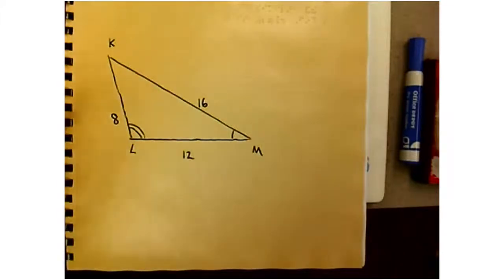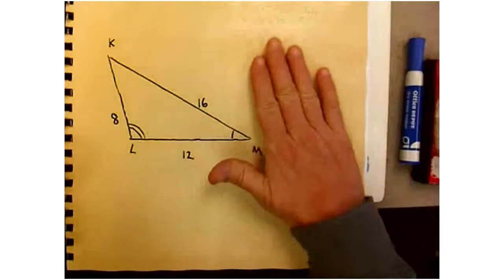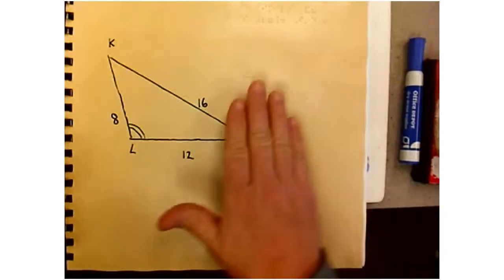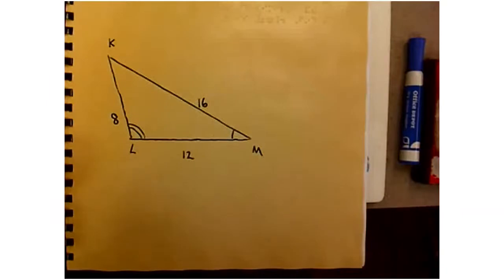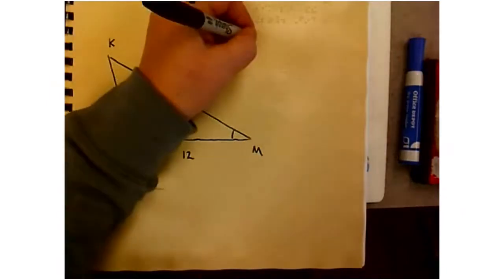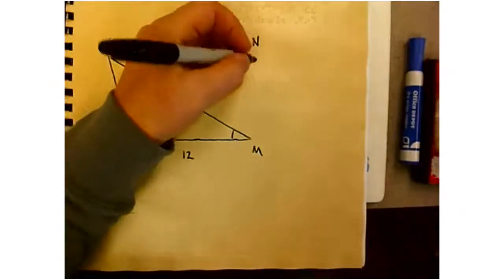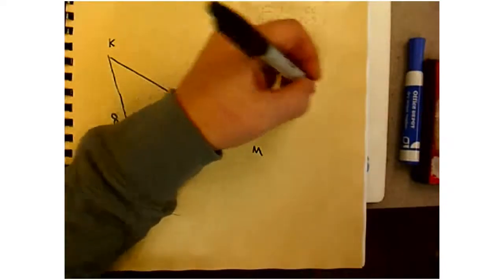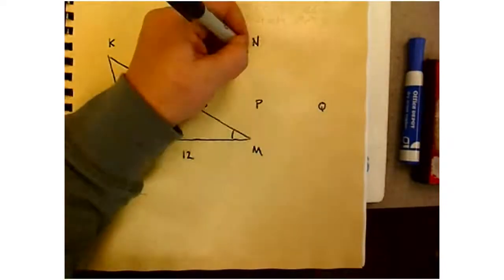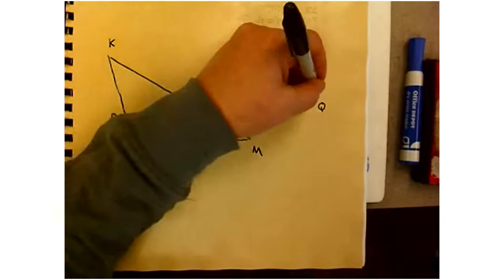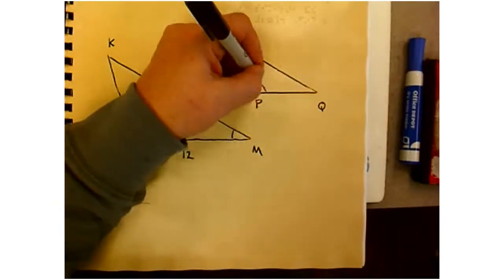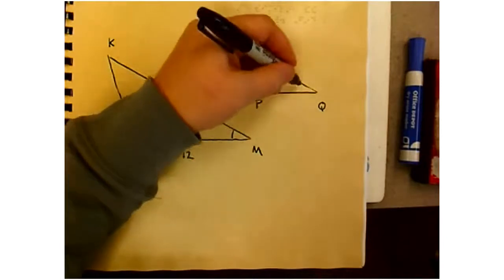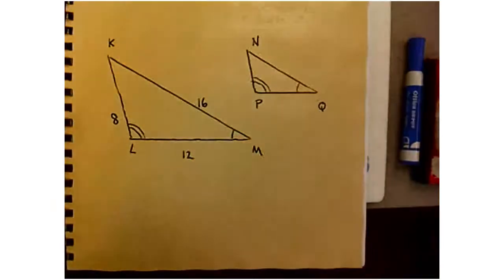Now we go up to the top right, to our similar triangle. N is the top left, P is the bottom left, and Q is the bottom right. At vertex P are 2 tick arcs, and at vertex Q, 1 tick arc.